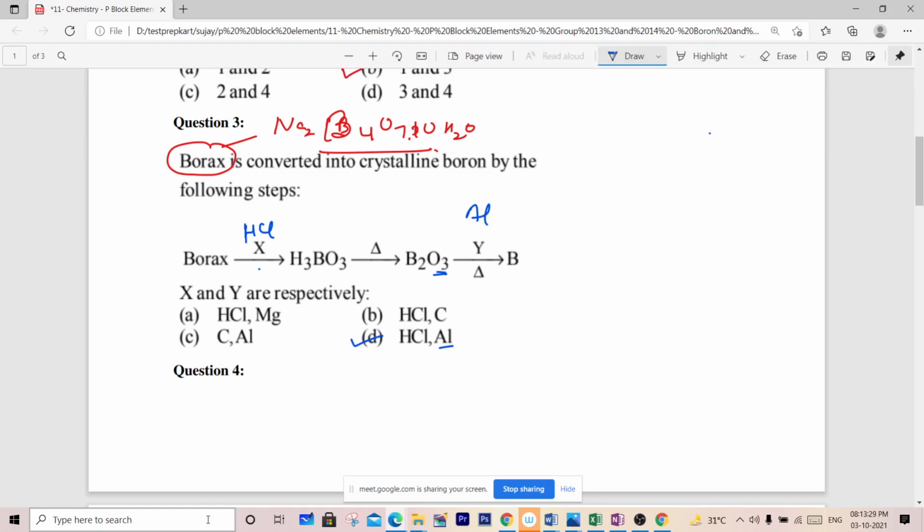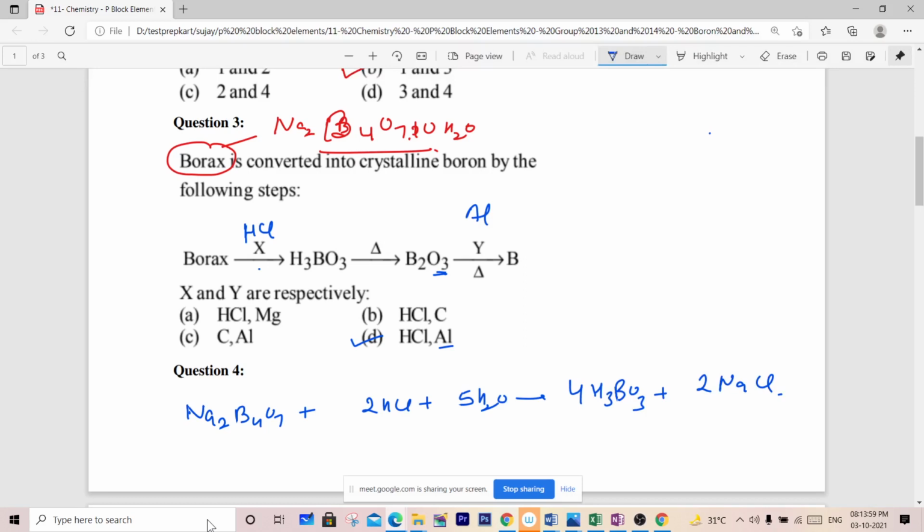So aluminum is always a reducing agent? Yes. So borax, Na2B4O7, reacts with HCl and water.